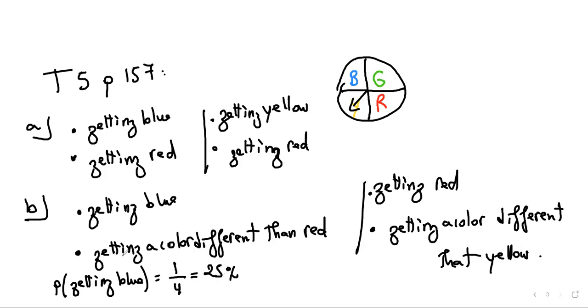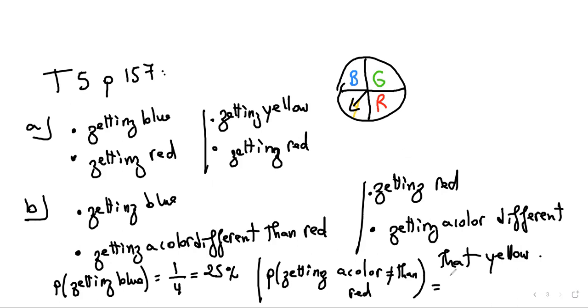Now, if I would like to get a color that is different than red, I have three possible outcomes: green, blue, and yellow. So the probability will be 3/4, and 3/4 is equal to 75%.